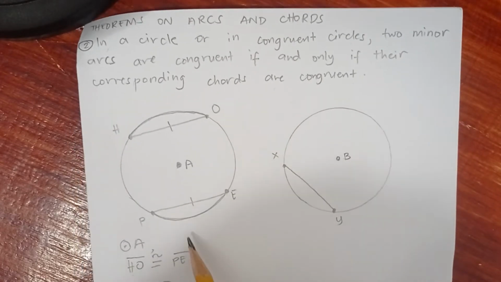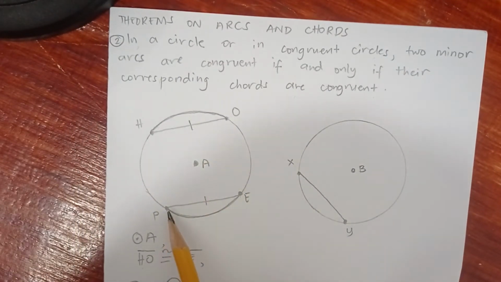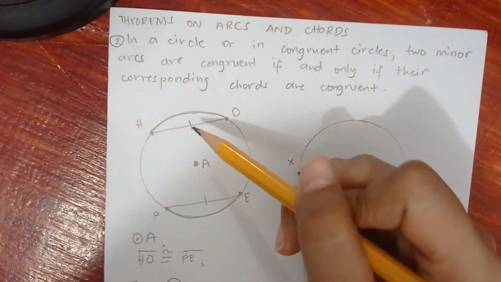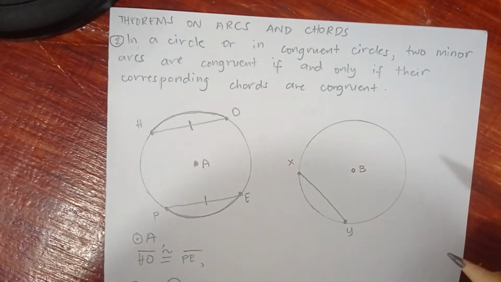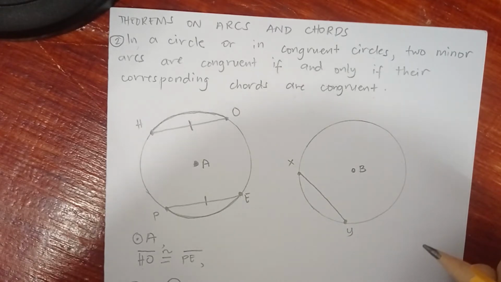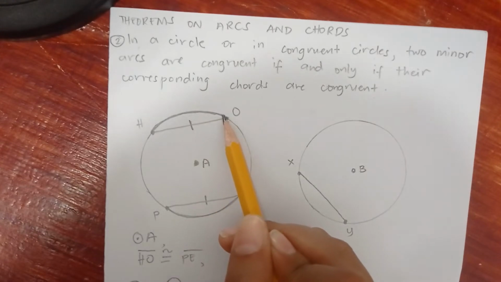If given na ang chord HO mo is congruent to chord PE or line segment PE, ito yung symbol for congruent, yan, kapag sa lines. Ibig sabihin, yung corresponding minor arcs nila, minor arcs, kasi diba less than 180 degrees.